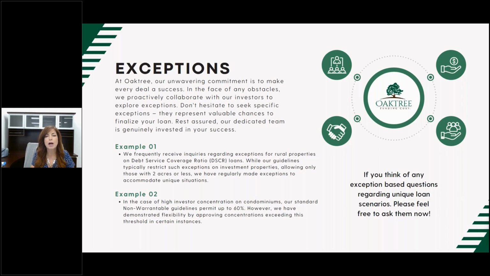However, it would need to be restarted. That loan would need to be canceled, and we would restart the loan as an income qualifying loan. Because there are different disclosures that are required, and a 1003 is required with the income documentation or income information that wouldn't be supplied on a DSCR loan. So yes, we do have the ability to do that, but we would need to restart the loan.